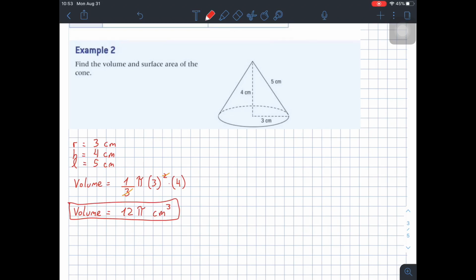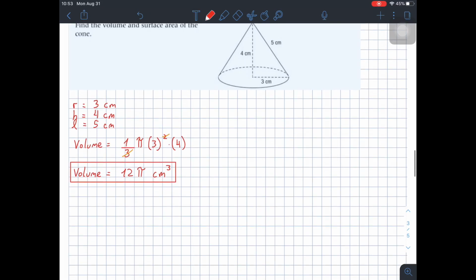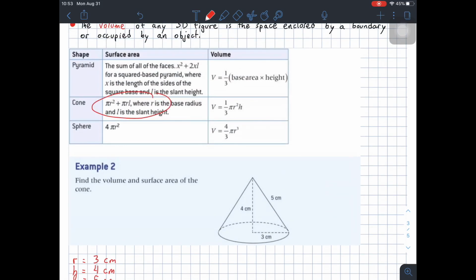Then we're asked to find the surface area. So the surface area is given by, for the cone, this expression over here. You see that it's the area of the base. The area of a circle is pi r squared, right?